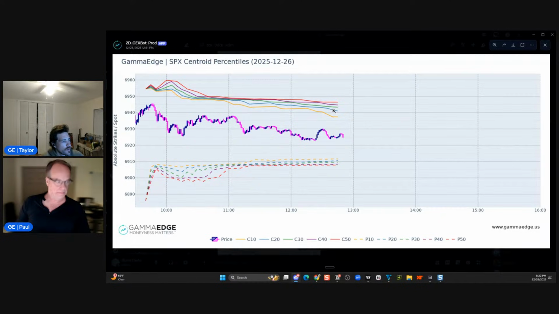And then we have our spaghetti models here, which is a more granular look into the centroids themselves, like C10, C50. This red line, C50, means that 50% of all call speculation is at that point or lower. Isn't that right, Paul? Yep. And then C10 means 10% of the speculation is at that point or lower as well.